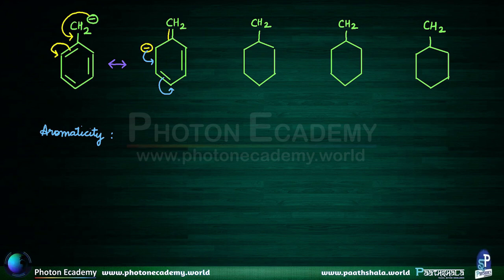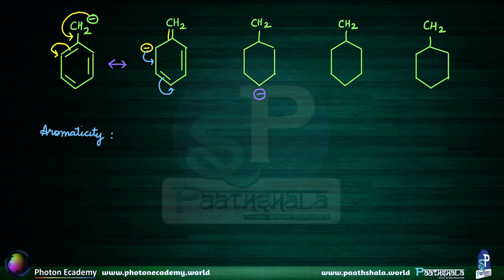Okay, so moving on, this negative charge will now land at this position. So we've got a double bond at this place and a double bond at this place, which was at its original location.